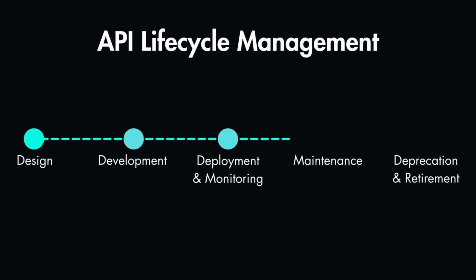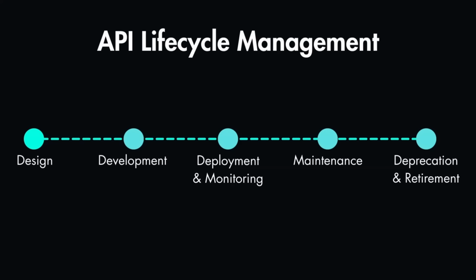When it comes to lifecycle management of APIs, it starts with the design phase, where you design the API, discuss the requirements and the expected outcomes of the API. And only after that you can start the development and maybe local testing of your API. After that you usually deploy and monitor it, so you do some more testing, but now on staging or on production. But then it also comes the maintenance phase, and this is why it's important to develop it with keeping the simplicity in place, so it will be easier for you to maintain or for other developers to maintain in the future.